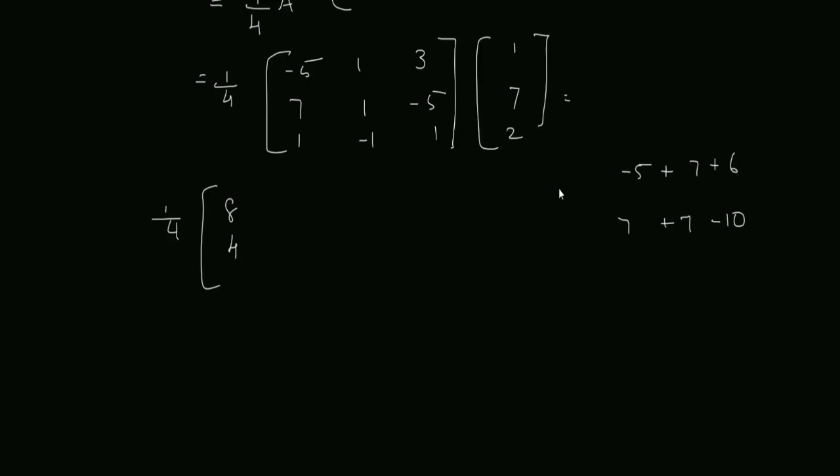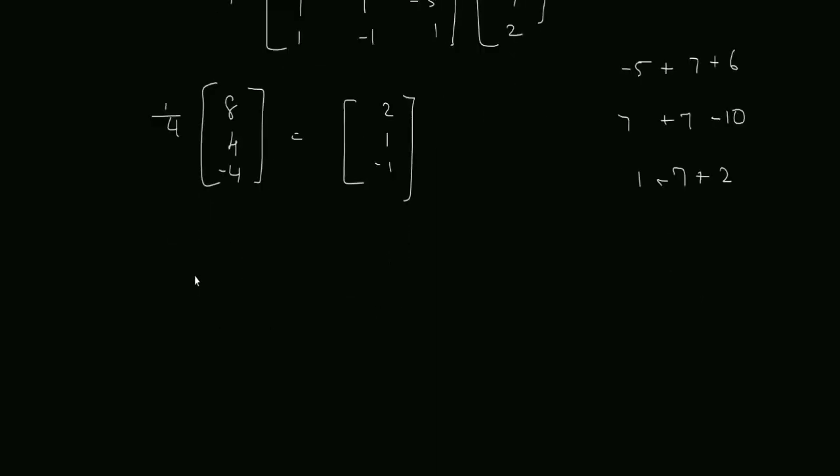Third row: 1 minus 7 plus 2. So minus 6 plus 2 is equal to minus 4. So divide by 4, you get 2, 1, minus 1. That means x is equal to 2, y is equal to 1 and z is equal to minus 1.